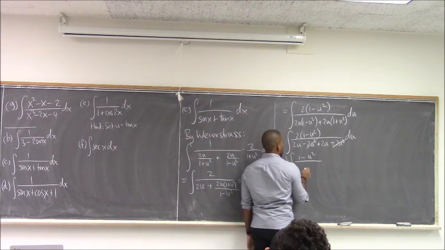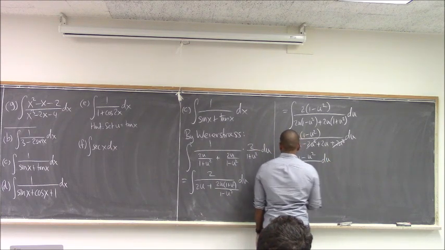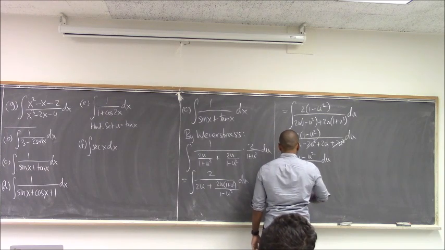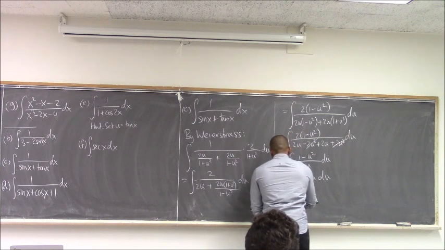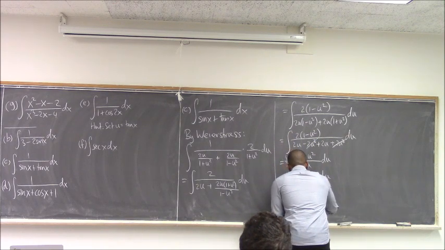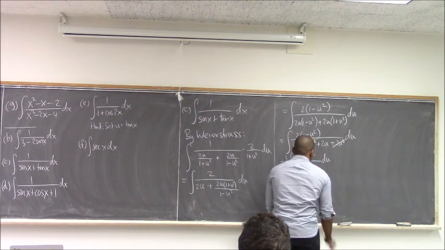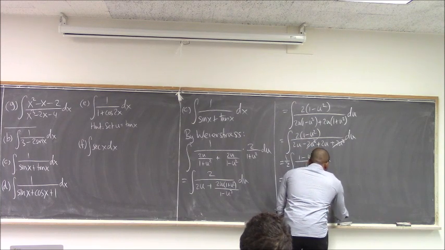So it's going to be a half out here. So this is 1/2 times, sorry, ln of absolute u minus u squared over 2 plus c.